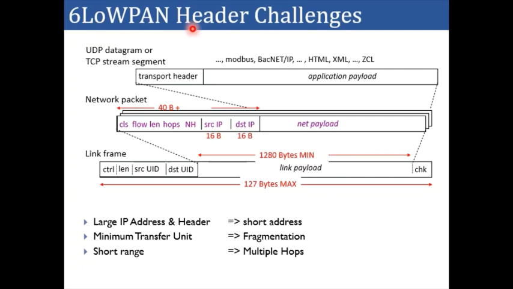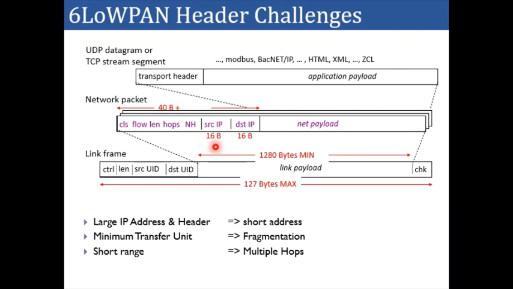Now first we will see the 6LoWPAN header challenge. The network packet will have 40 bytes of the IP header and then in payload we will have the transport protocol data unit. So the total size of the network packet will be a minimum of 1280 bytes, which will be part of the data payload of the link frame.